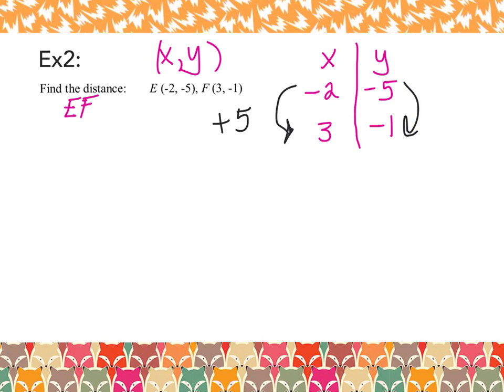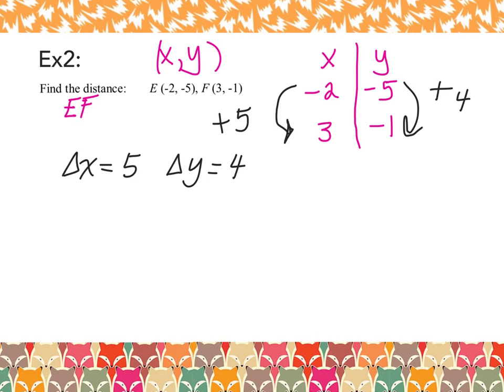From -5 to -1, is that an increase or a decrease? Well, it's an increase because it's becoming less negative, and it's an increase of 4. So I'm going to write +4. Somewhere else, I'm going to write my change in X equals 5, or you can still write +5, and then my change in Y equals 4.